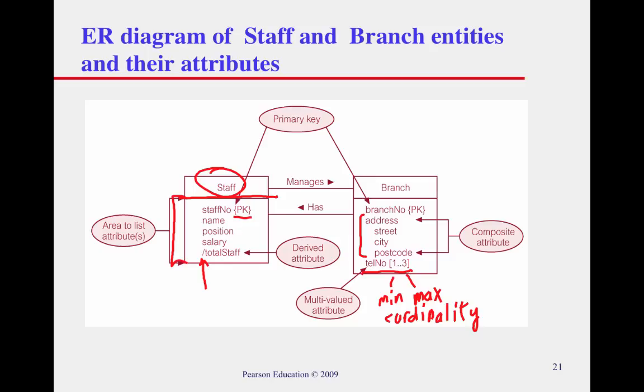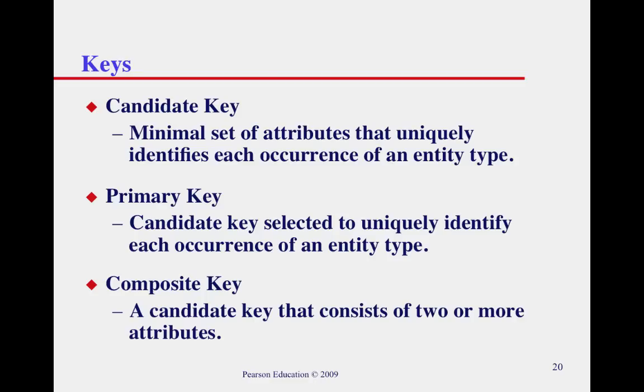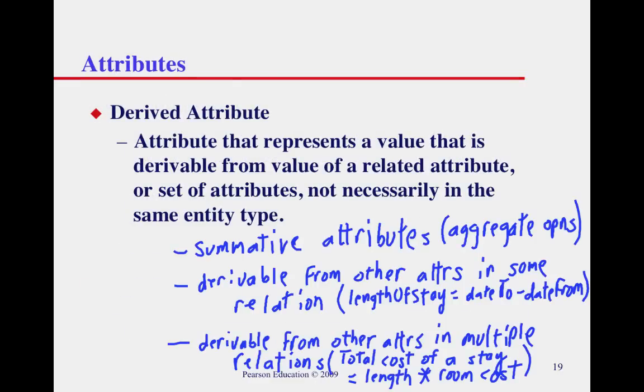Yes? A derived attribute will typically not appear in the underlying database. It may appear in a view, or it may be something that you simply compute when you create a report. That's a good question. So derived attributes do not appear in the physical database.